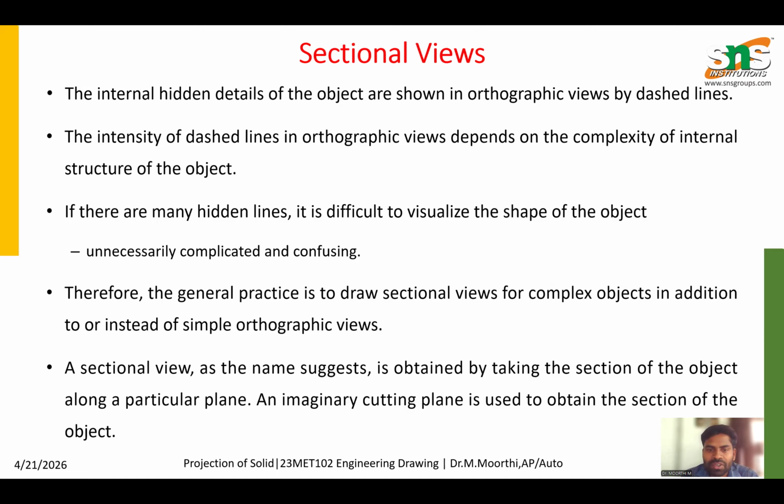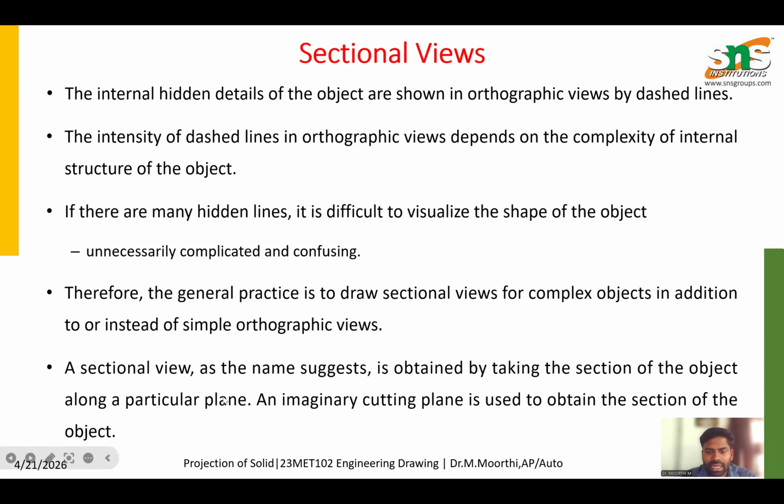So this is a frustum of a pyramid, or frustum of a cone, or frustum of a simple object. And if we make the section inclined to the axis or inclined to the base, then it is called a truncated solid, or truncated pyramid, or truncated prism, based on the base object that we have.